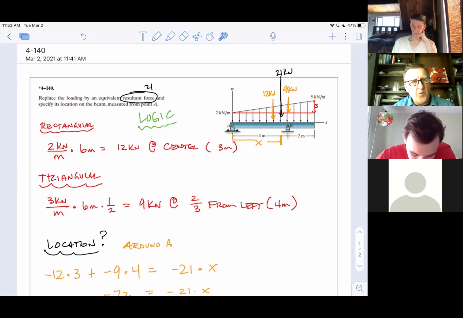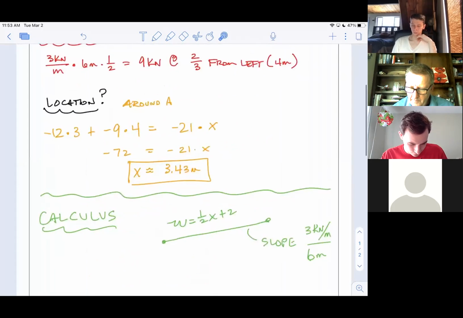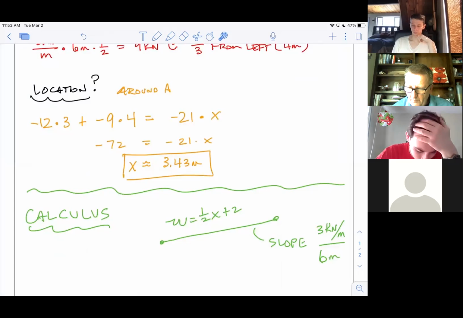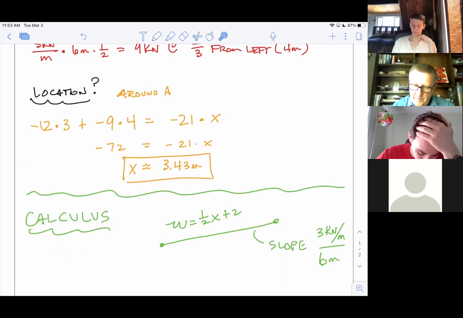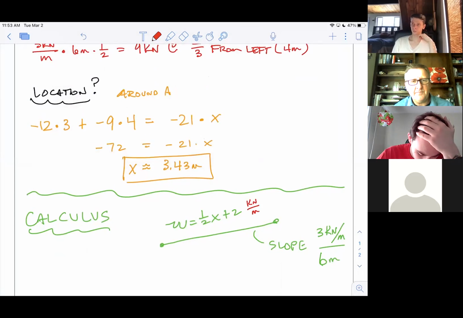We need that equation that produces W. And it should be noted that that W is still kilonewtons per meter.